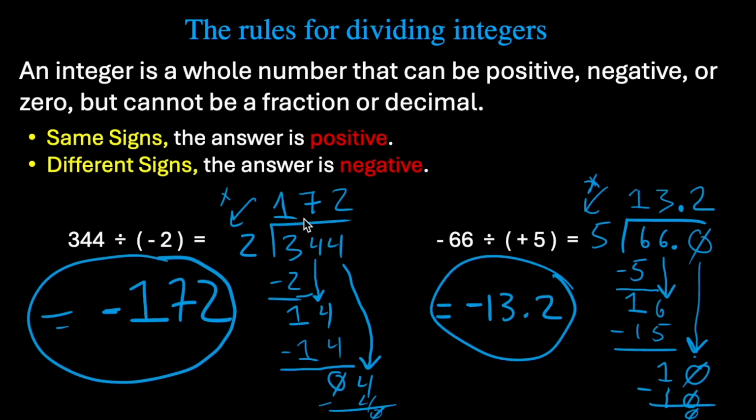Easy. Now, if these numbers did not have any signs, they're just positive, then your answer would be positive. And if they both had negative signs, like let's say this one has a negative sign and the 2 stays with a negative sign, and same thing here, I changed this positive to a negative.